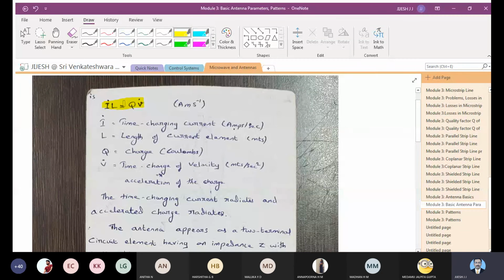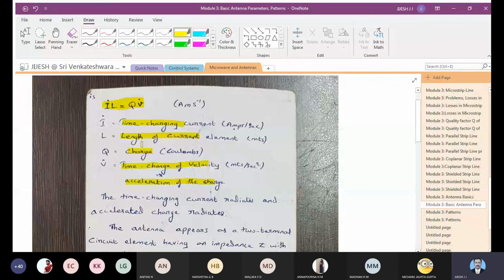And V dot is the time change of velocity, you can call it the acceleration of the charge. So V dot is the acceleration, I dot is the current, L is the length of the current element, Q is the charge.